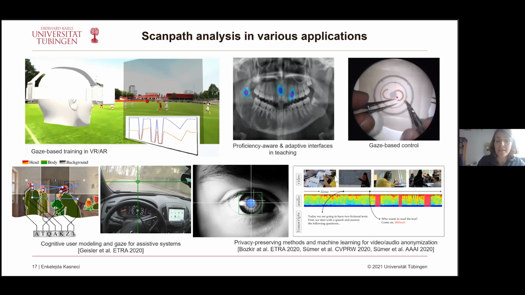Apart from that, in the same medical application areas, we're working to improve gaze-based control of neurosurgical microscopes. We do a lot of work on intelligent sensing of humans while doing different tasks.